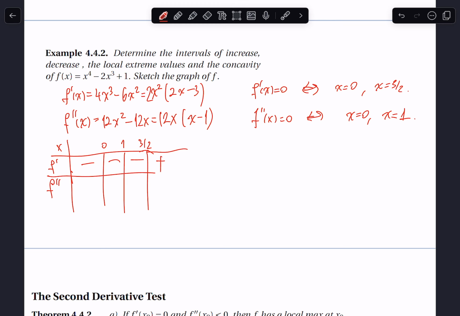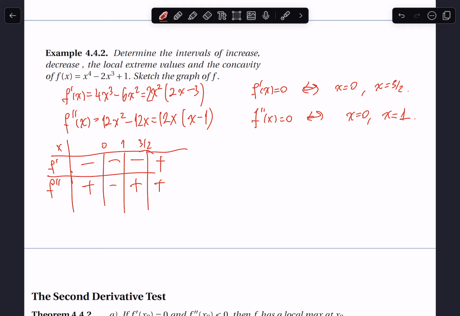For the second derivative, if x is greater than 1, this is positive, so these are positive, and x equals 1 is a single root, so we have a sign change, and here we have another sign change. Okay, so how can we draw the graph, and what are the inflection points and the local extreme values?